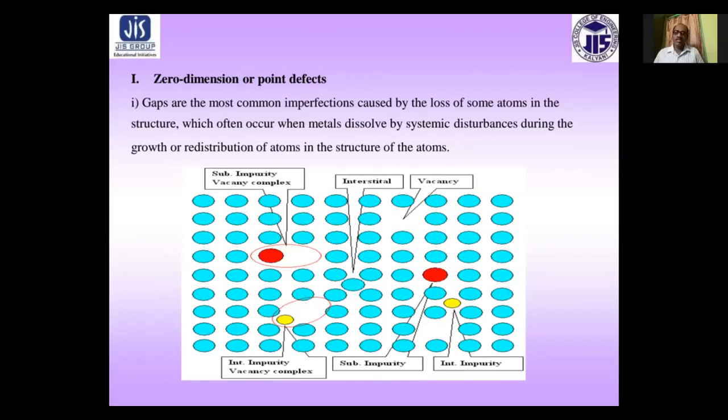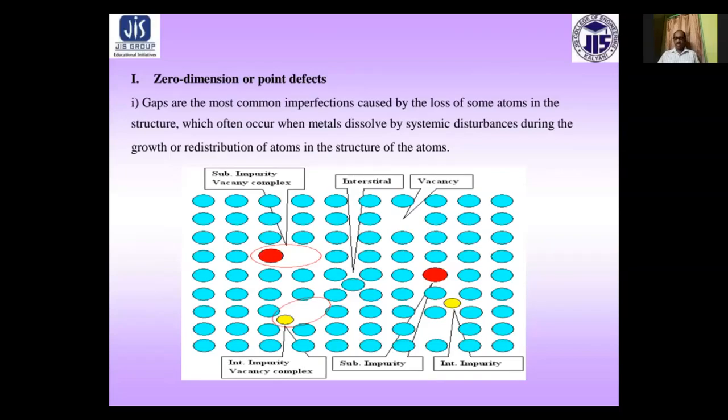See here in this figure, it is shown that one or more atoms are not in the regular site and they are missing. That is called a vacancy. And if that atom has sufficient strength to break the bond from its equilibrium position and moves to another location, that gives the interstitial defect.